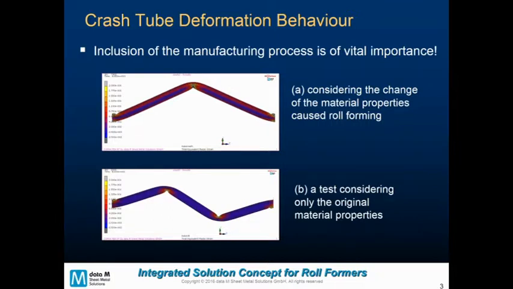And here in image B, we can see an example of a test considering only the original material properties. So no roll forming information is carried over there. And we can see ultimately the difference between the two results. A little bit more for you on the next slide.